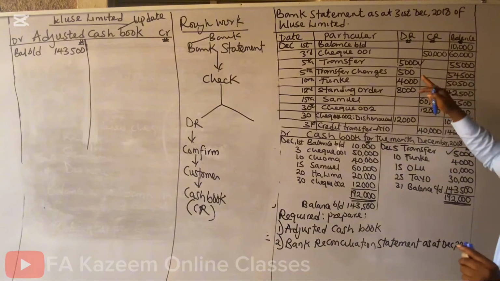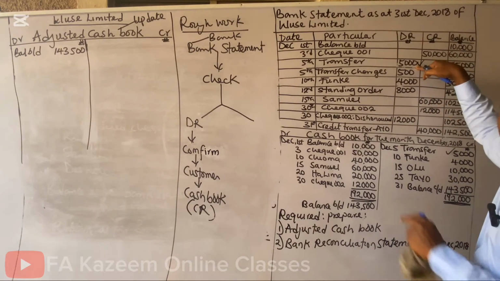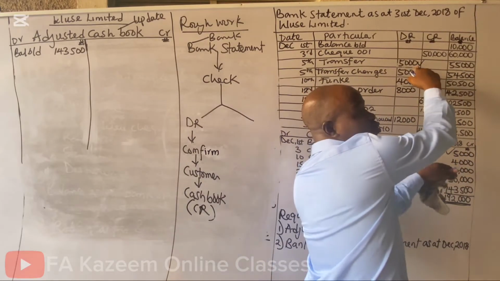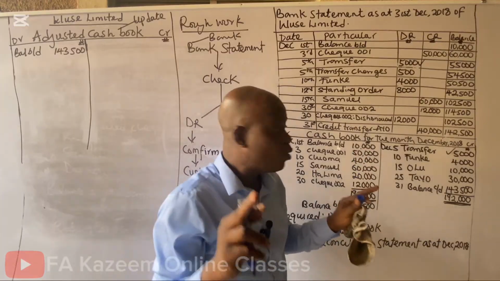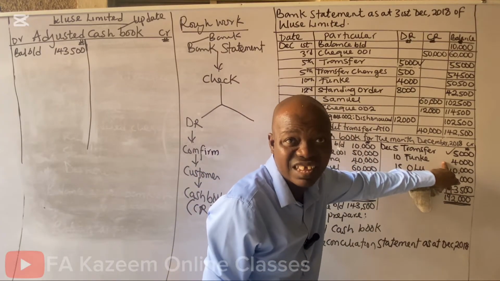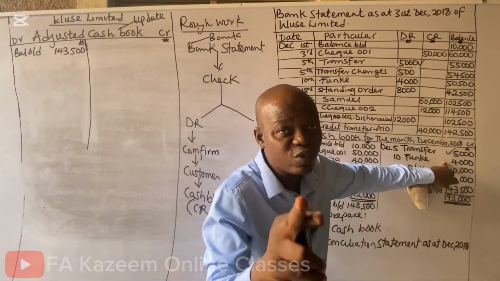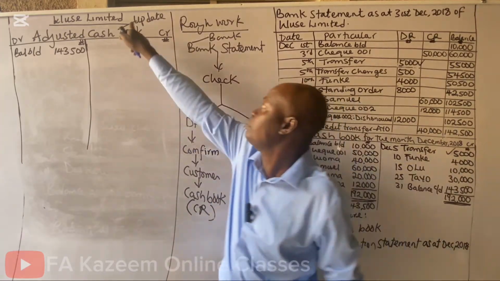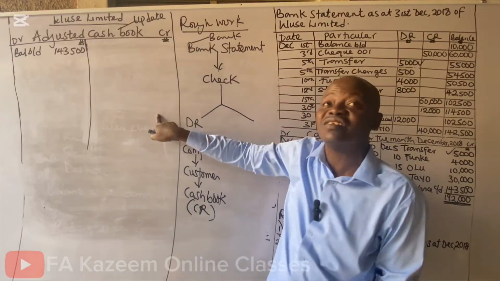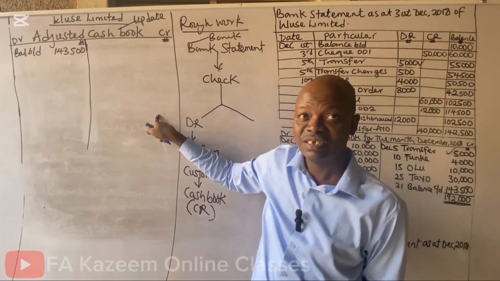Please note, check only the bank statement. You are only using the cash book as a source of confirmation. And why are you confirming? You are confirming whether the customer recorded on the credit side or not. If the customer did not record such item on the credit side of the cash book, you help the customer to update it on the credit side, meaning you are reconciling.